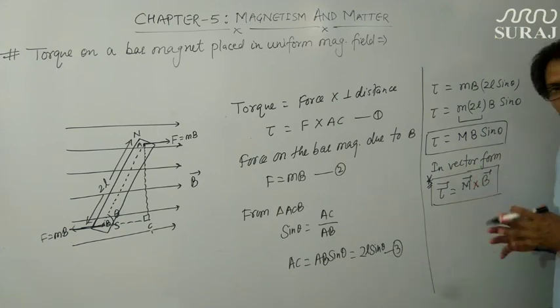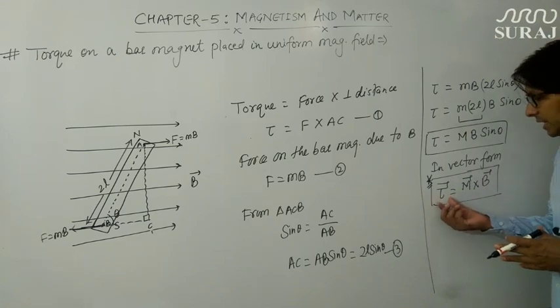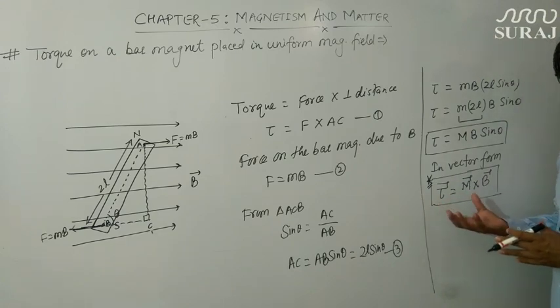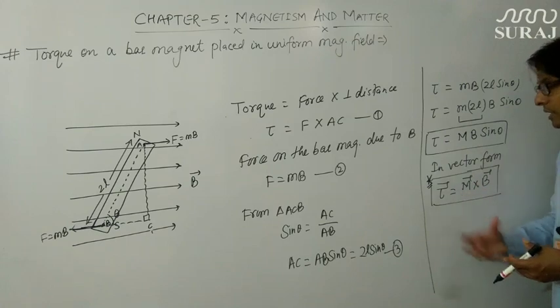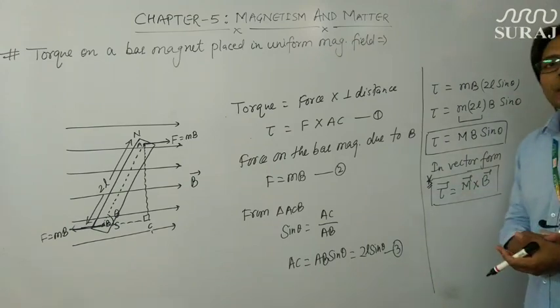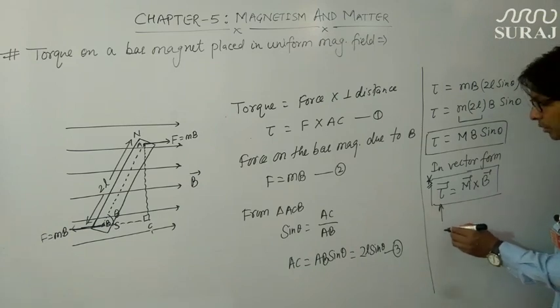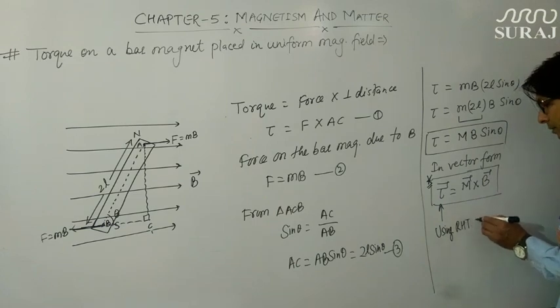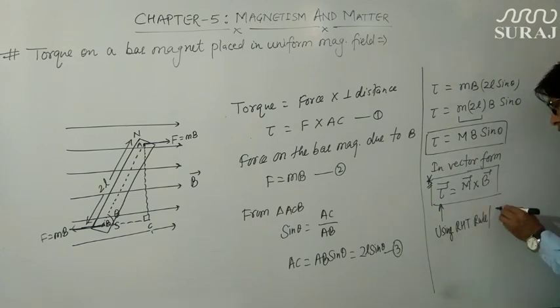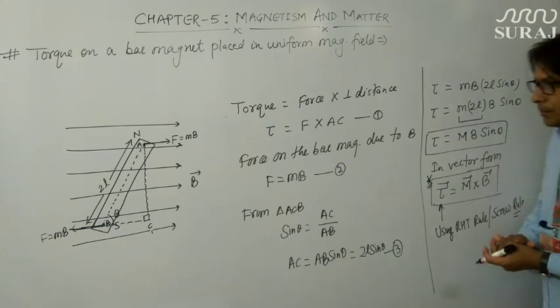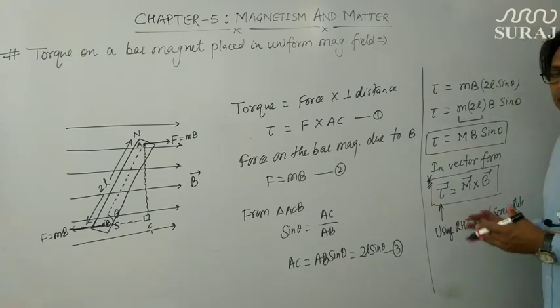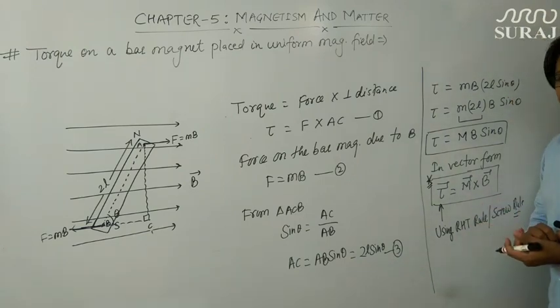Now the question comes to our mind: what is the direction of this torque? Since torque is also a vector quantity, how can we find its direction? Using the right hand thumb rule or screw rule, we can find the direction of this torque. How will you apply this right hand thumb rule?